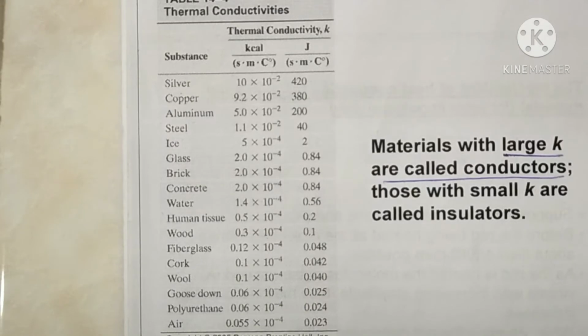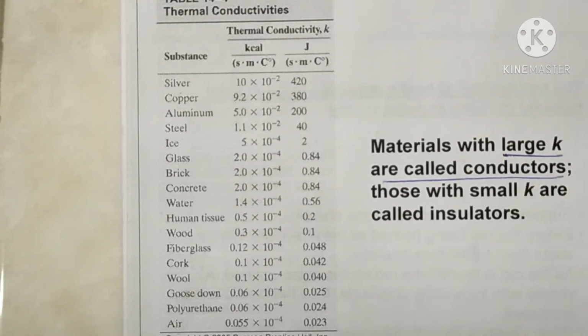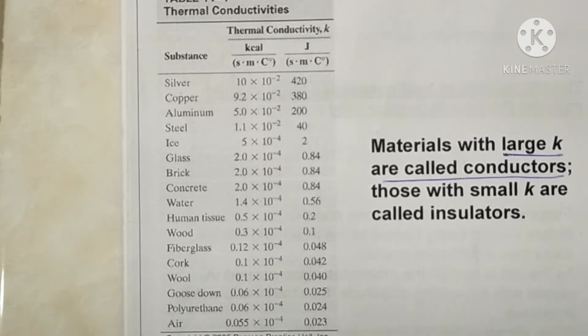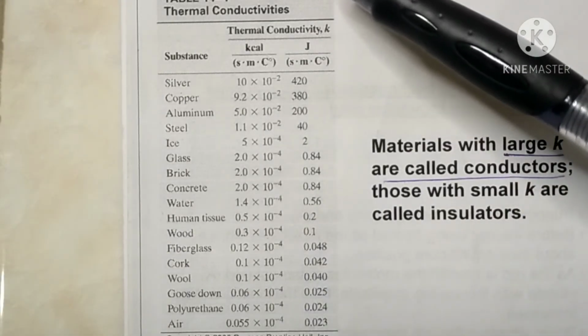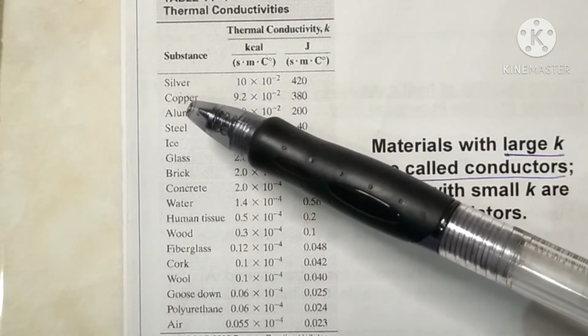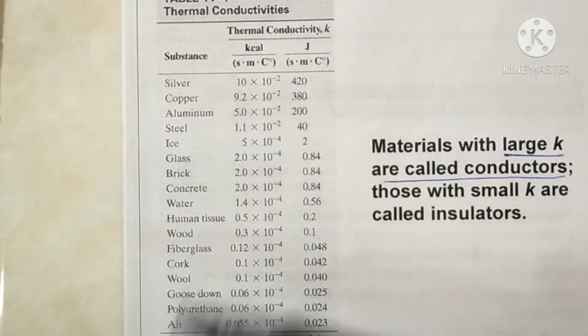The table shows the values of thermal conductivity K of a few common materials, those with large K and those with small K. Those with large K are called conductors, and those with small K are called insulators. Good conductors such as silver and copper have high values of thermal conductivity.